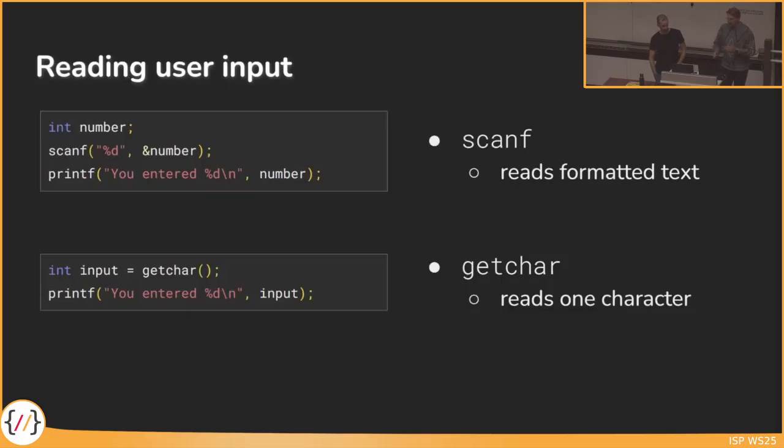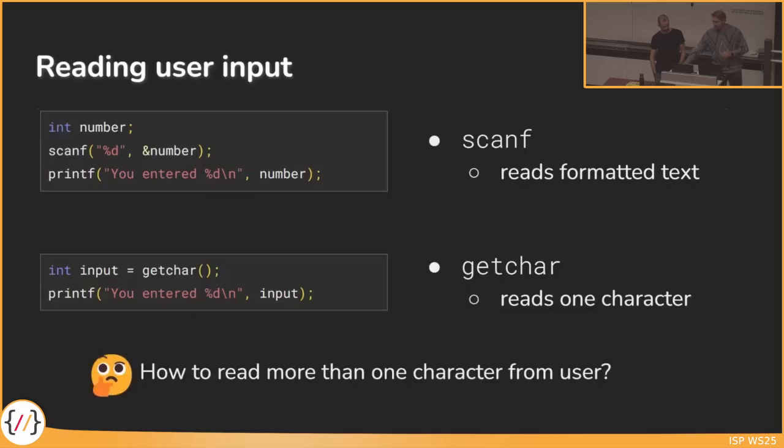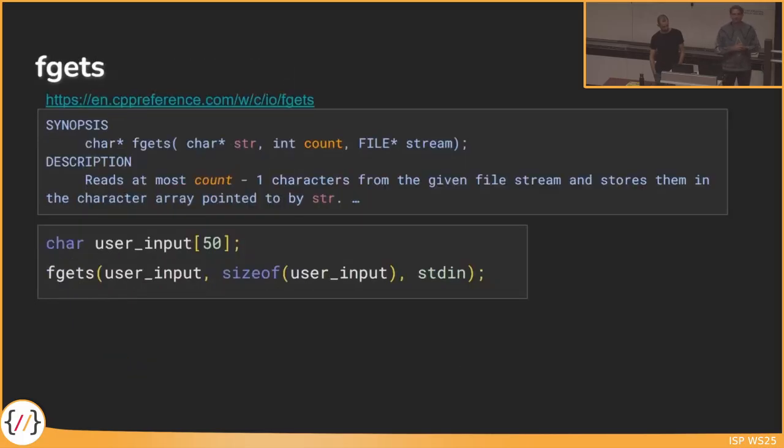But not only getchar can be used, we can also read multiple characters using fgets. So again, we have the function definition here and the declaration. The first parameter that is expected is the character pointer, which is the string you want to store the input in.